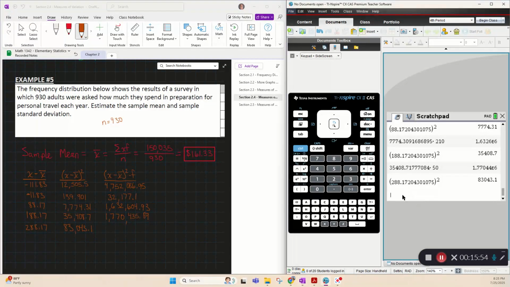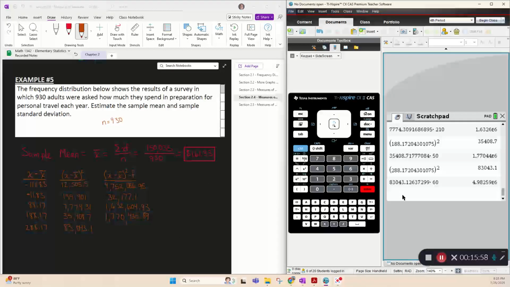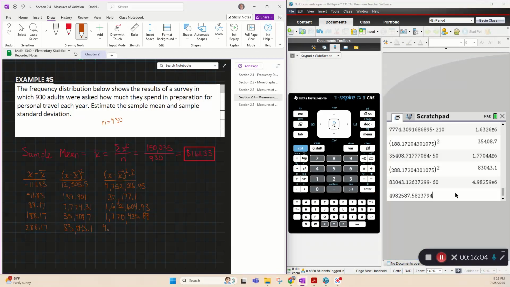If I times it by its frequency of 60, it's going to be 4,982,587.58. These are some ugly numbers. Yes, I realize that. Very, very, very ugly.